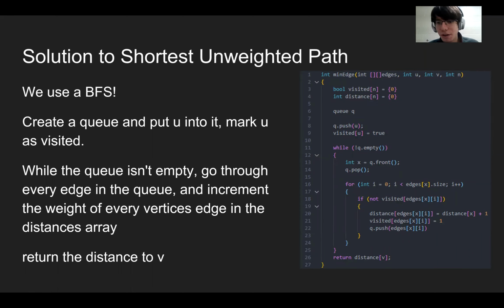Otherwise, it's exactly the same. As you can notice, if there is an edge from X to I, then the distance will be distance of X plus 1, if we haven't seen it before, since that path must be distance 1 more. Same idea. So hopefully this made sense.